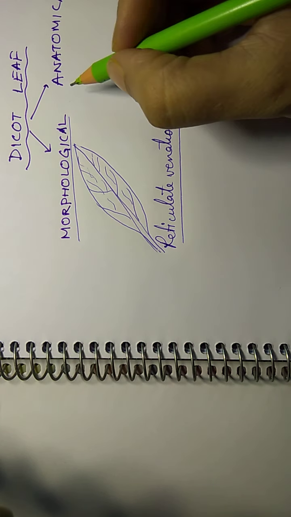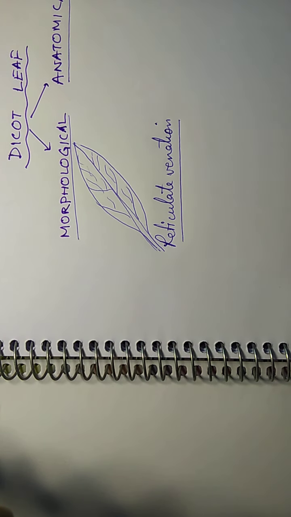Now let's come down to the anatomical features by which we can identify the leaf to be a dicot leaf. We need to explore the interior of such a leaf. Now how to get inside the leaf? We can make a TS or a VS or an LS of a leaf.